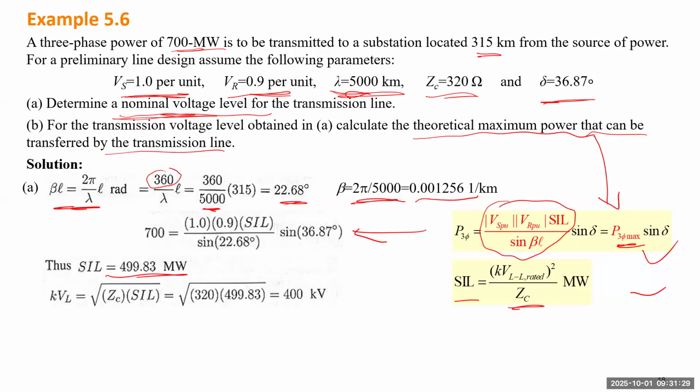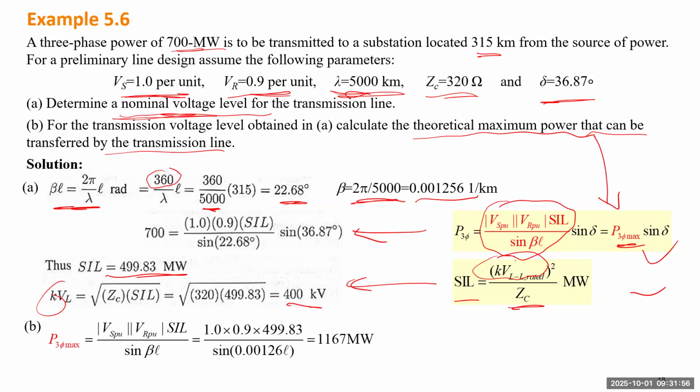So the answer is around 500 megawatt. And using this formula, we want to calculate the line-to-line voltage here. So that's 400 kilovolt. Okay, so for this line delivering 700 megawatt power, it's better to have 400 kilovolt as the voltage level.